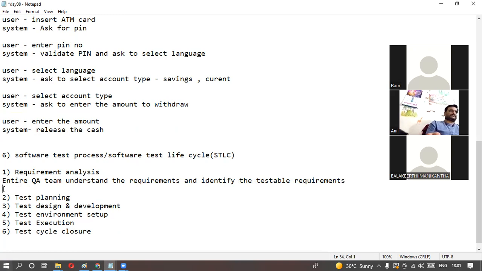Here, in requirement analysis, whatever documents we have received from the business analyst or client, we try to understand the requirements and identify what can be tested and what cannot be tested. For the not testable requirements, we have to provide comments or a response with the reasons. If it is a testable requirement, then it is fine. Okay.